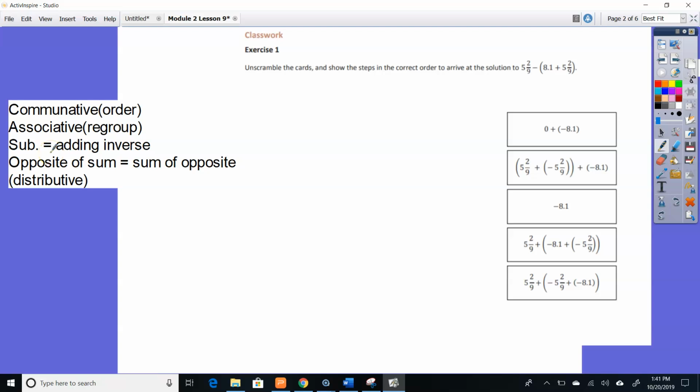Subtraction is the same thing as adding your inverse. And then the opposite of a sum is the sum of the opposites. So it's like your distributive property. That's just not the word, but that's what I see when I see it. I'm working towards training my brain to know the opposite of a sum is equal to the sum of its opposites.